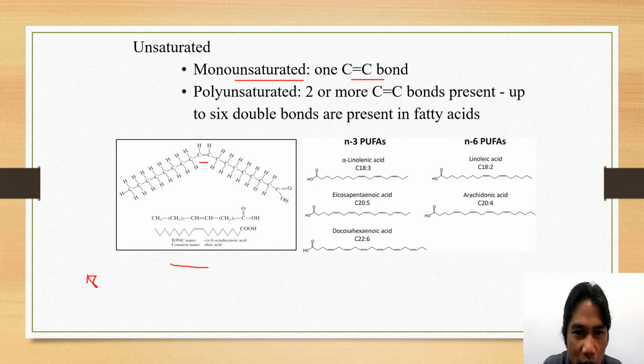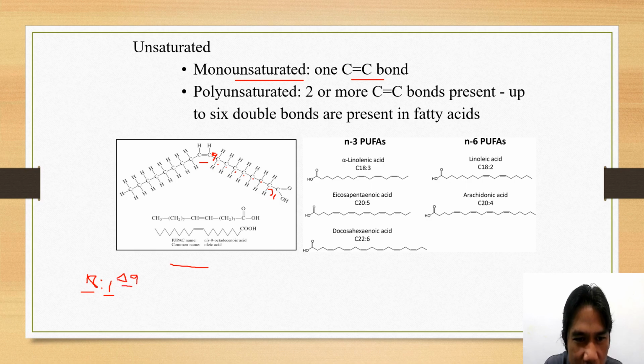And if you assign numbers, this becomes 1, 2, 3, 4, 5, 6, 7, 8, 9. This carbon with the double bond is carbon number 9. So we write 18:1, that means there are 18 carbons and 1 double bond, and we write delta 9.